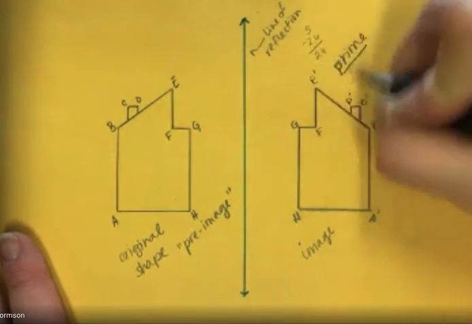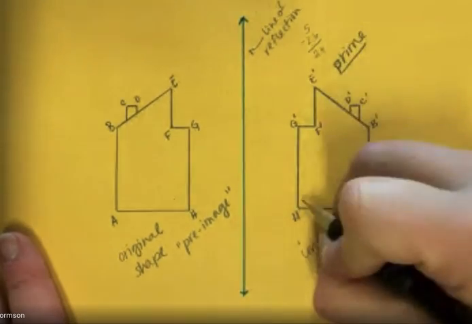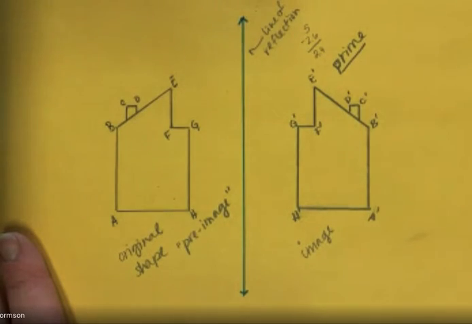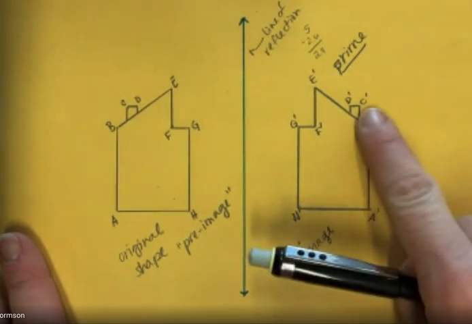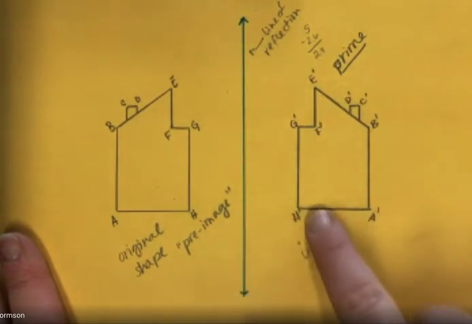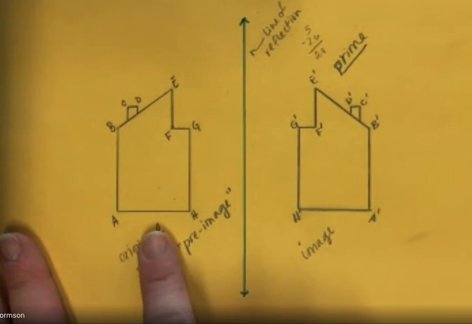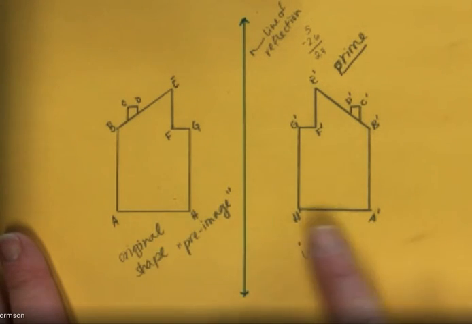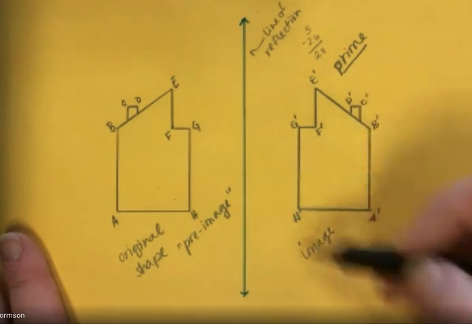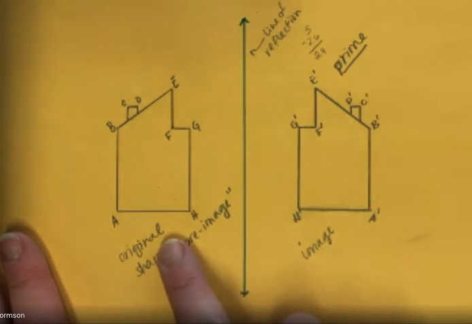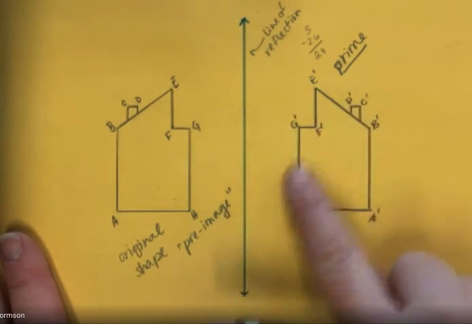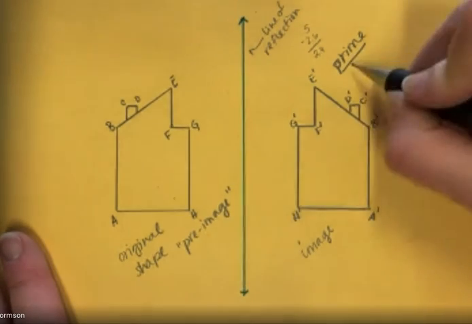If we put a little apostrophe next to every letter, it indicates that these are copies of the original. So the prime means that you have a copy. Kind of cool, huh? So now we have a copy of our original, and all of these are labeled up with primes.